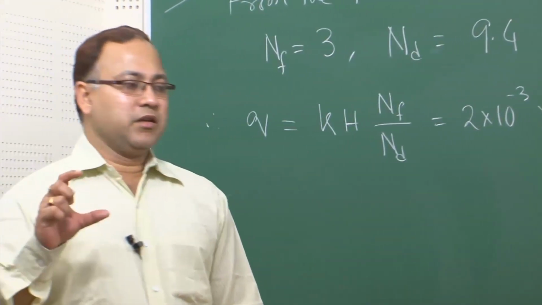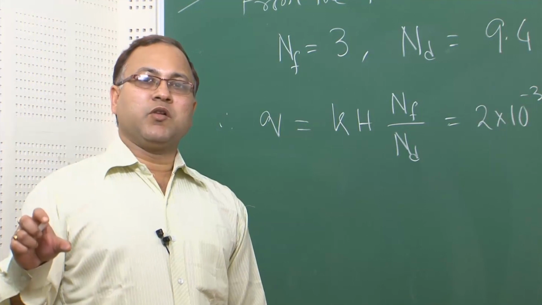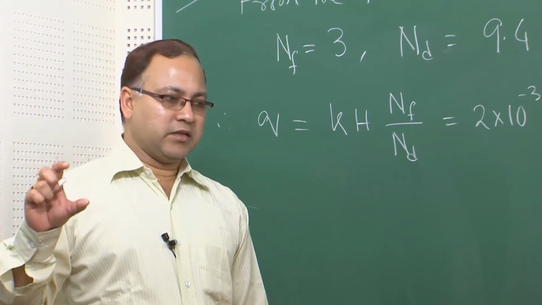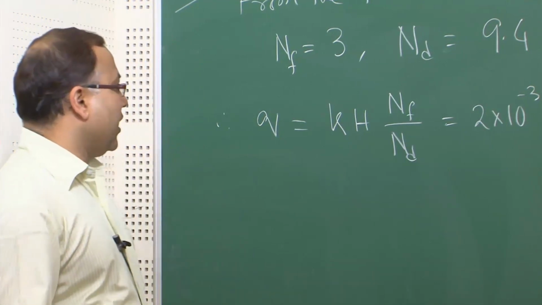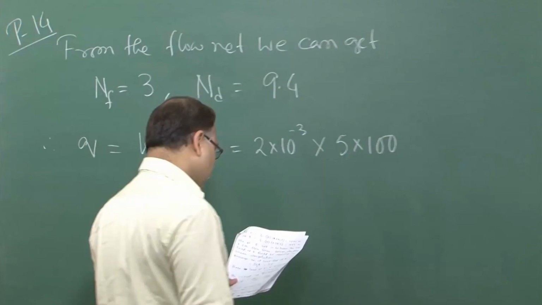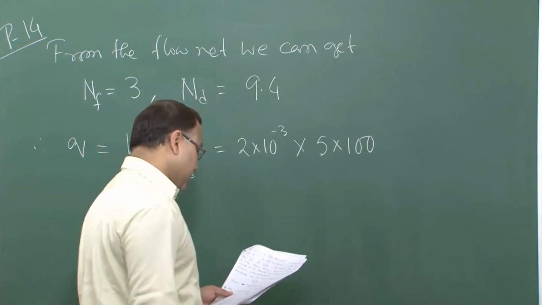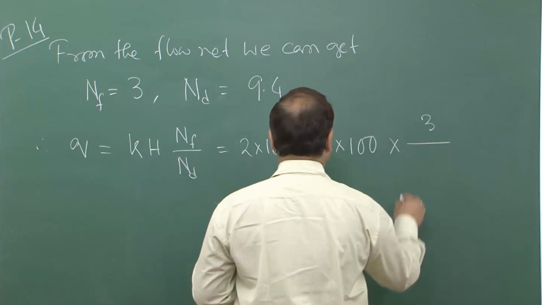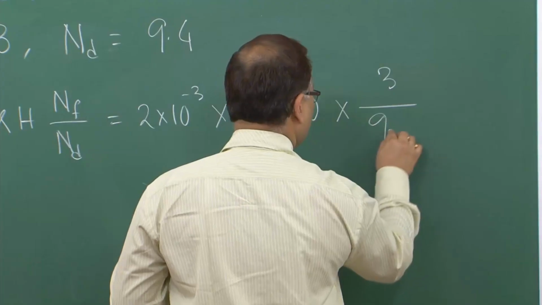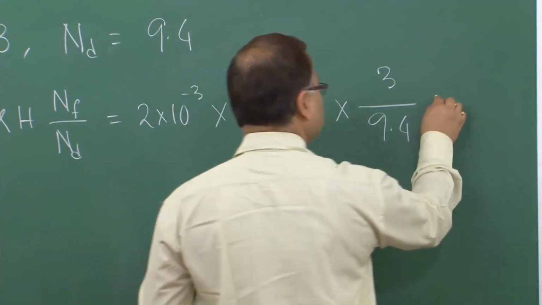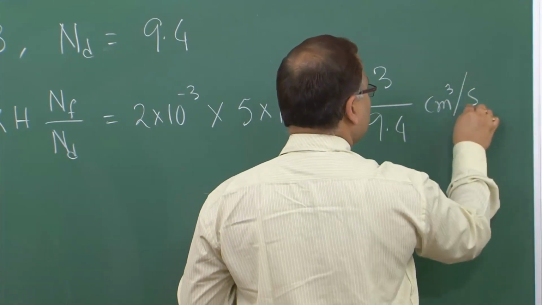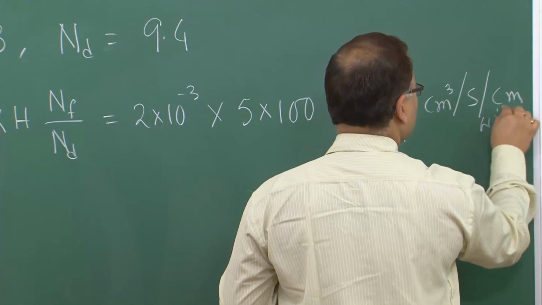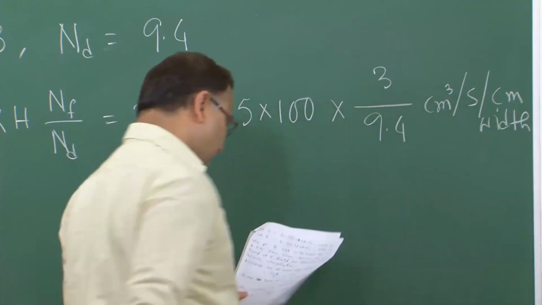Upstream water level is 5 meter, but the downstream side is completely dry, so there is no water level. So, H is equal to 5 meter. So, 5 into 100 is 500 centimeter, into 3, that is NF, divided by ND, that is 9.4. This is centimeter cube per second per centimeter width of the dam.